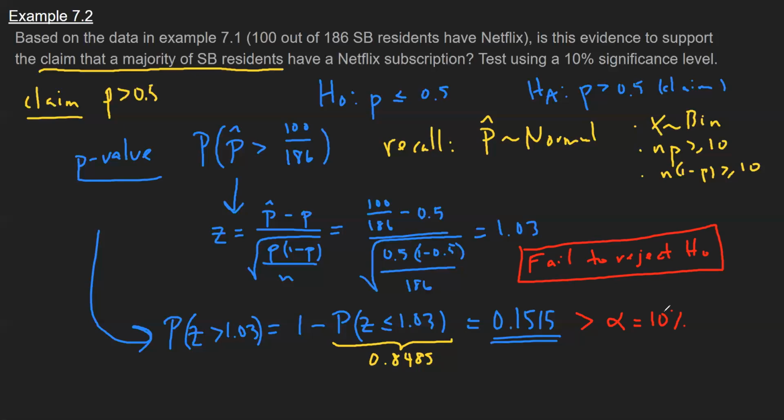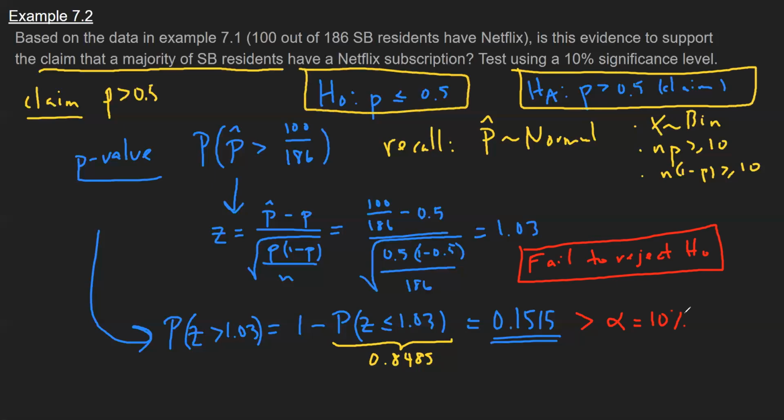What that means is if we go back and look at the beginning, we have a claim that suggests that a majority of residents have a Netflix subscription versus a counter to that claim that says the opposite. The idea is to look at our data and see which side our data supports.